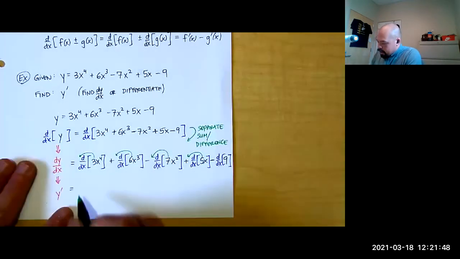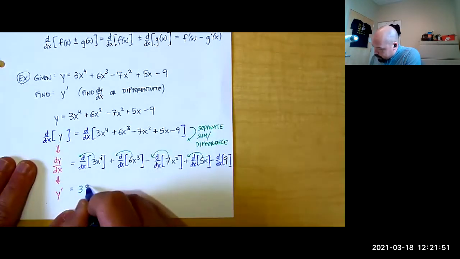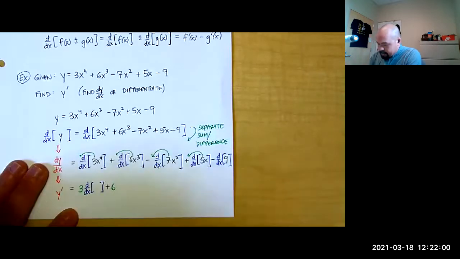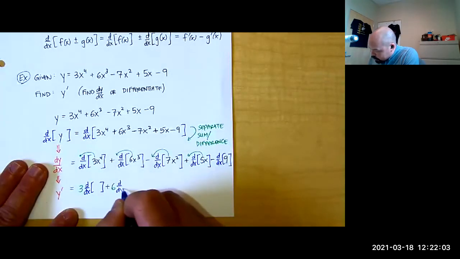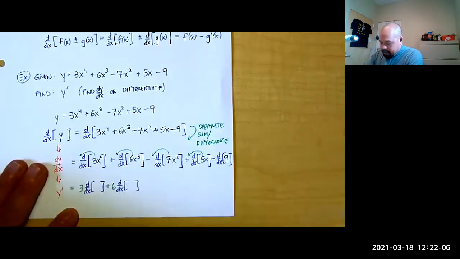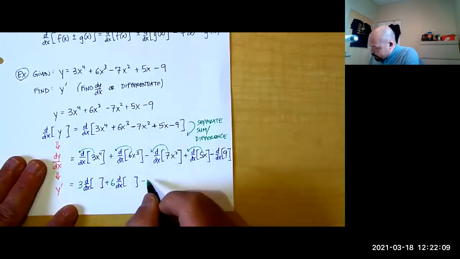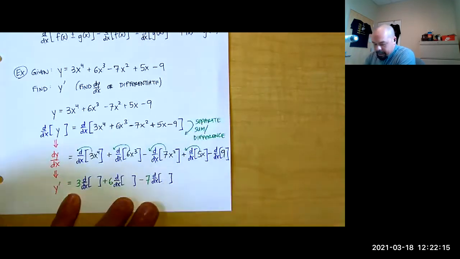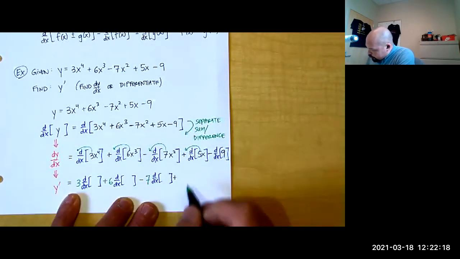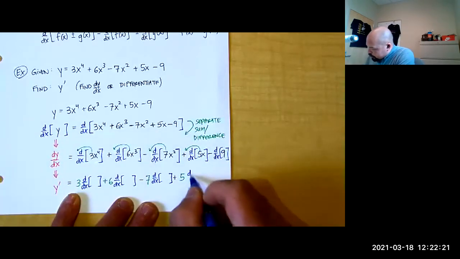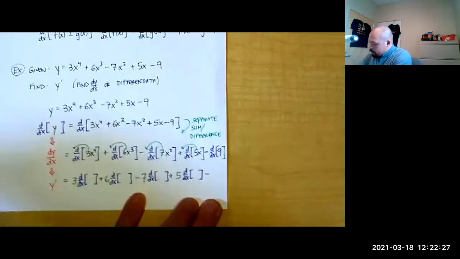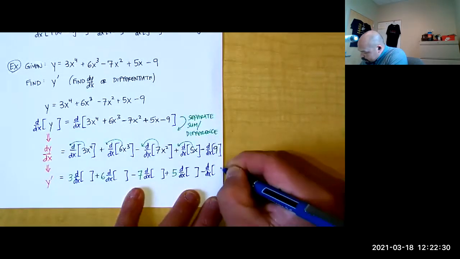But here we get 3 times the derivative of x to the 4th, plus, keeping track of the sign, 6 times the derivative of x cubed, minus the 7 times the derivative of x squared, plus the 5 comes out times the derivative of x, and then minus the derivative of the constant 9.